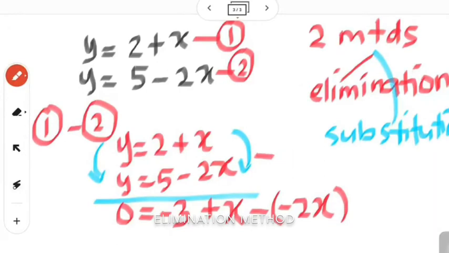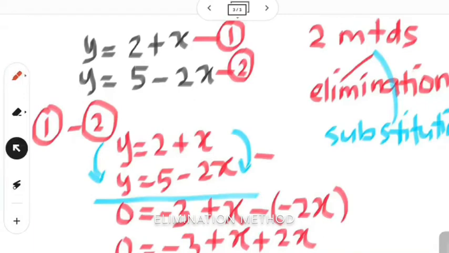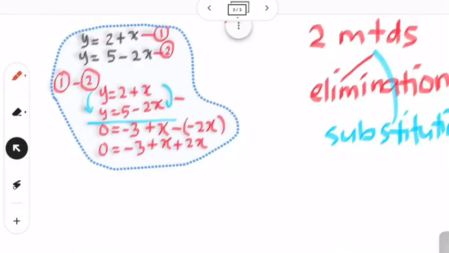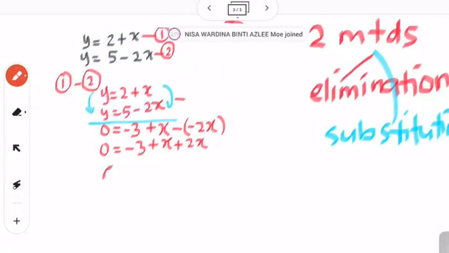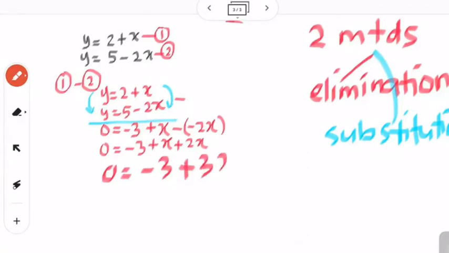So yang belah kiri ni 0 equals to negative 3, x minus negative 2x jadi x plus 2x lah kan? 3x. Kan? Jadi 3x. Alright. So we have 0 equals to negative 3 plus 3x.